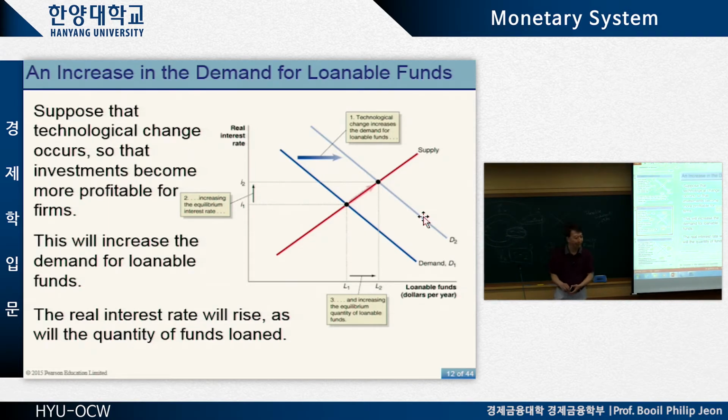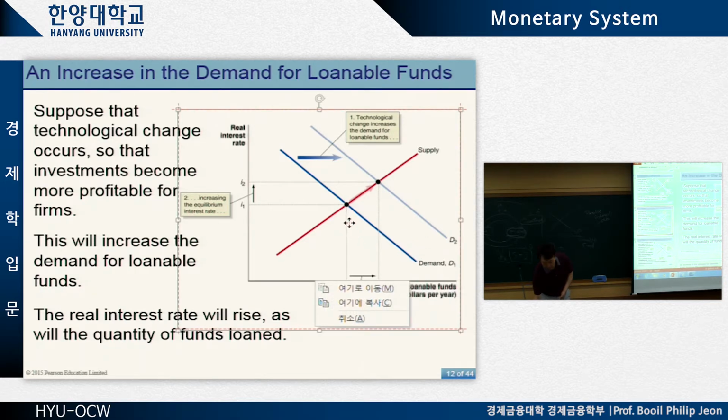Quantity demanded will be greater than quantity supplied, right? Because at this price, quantity demanded will be this much, but quantity supplied will be same as before because the supply curve is still the same, right?